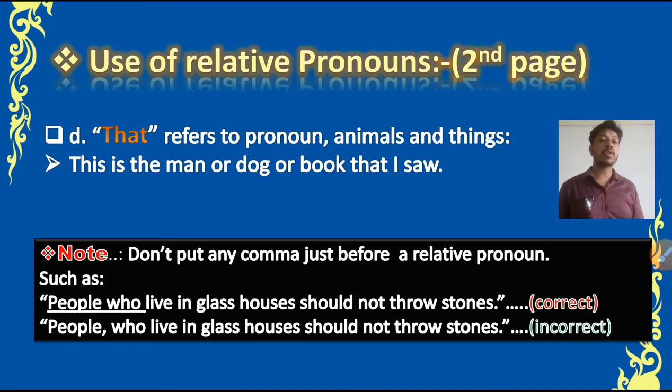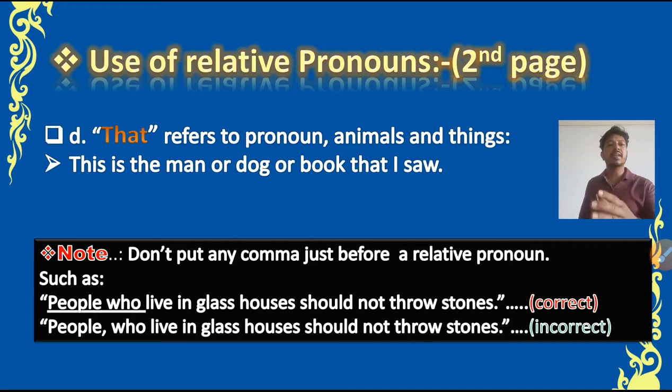Here is a very important note for you. Don't put any comma just before the relative pronoun. Here is the example, such as: people who live in glass houses should not throw stones.